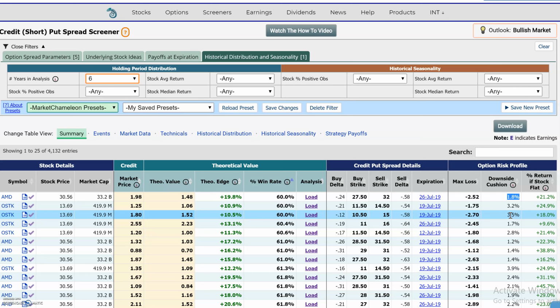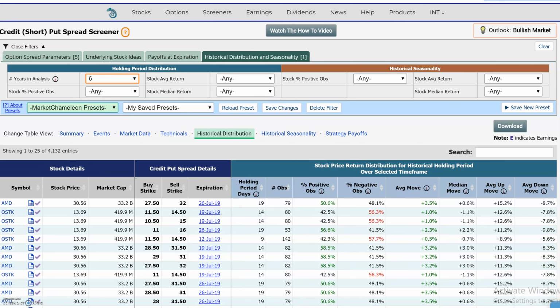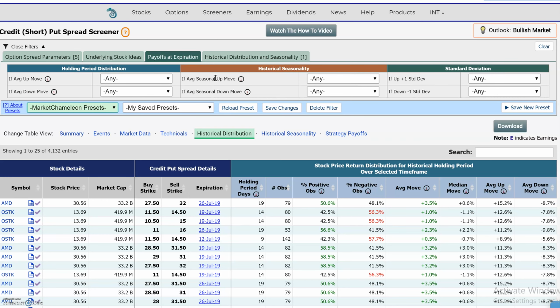So you could set that and say the following: even if the stock in this situation moves down negative 8.7%, AMD, find me spreads where I at least break even or am profitable. And this is over here, payoffs at expiration.